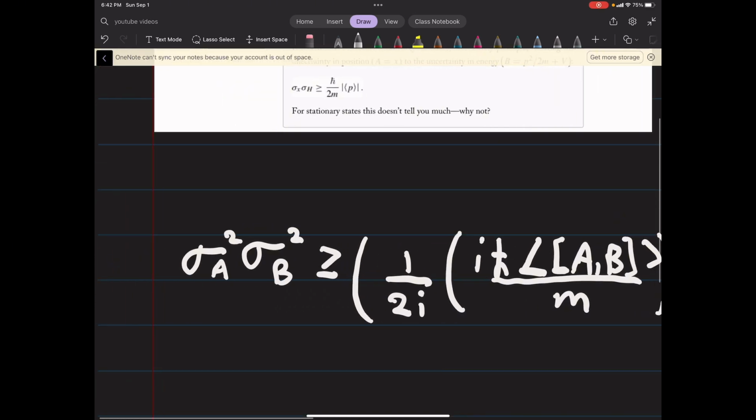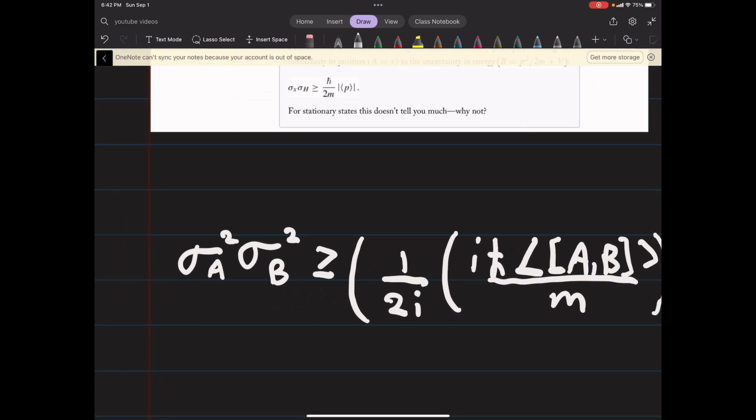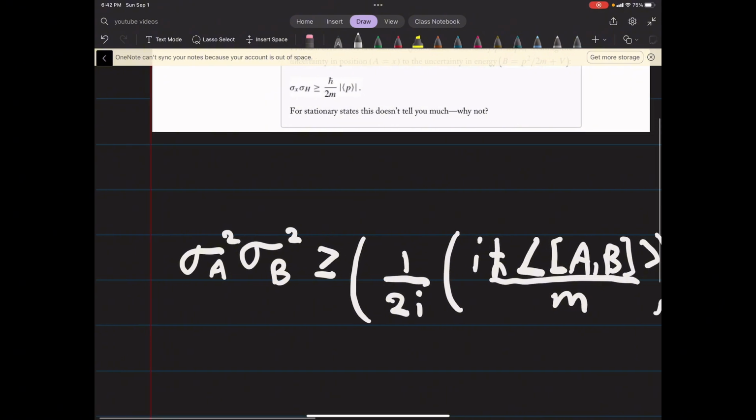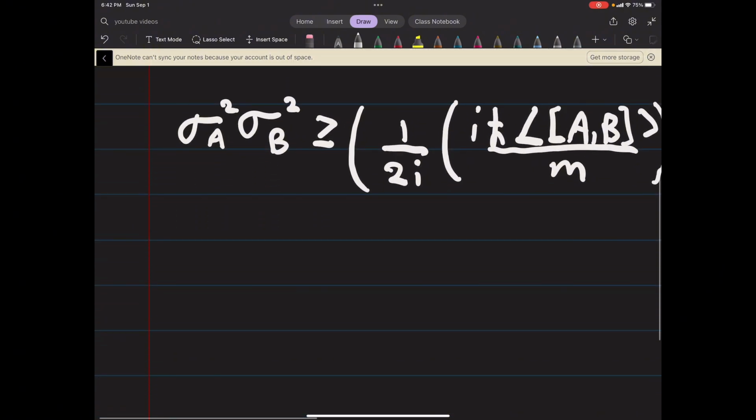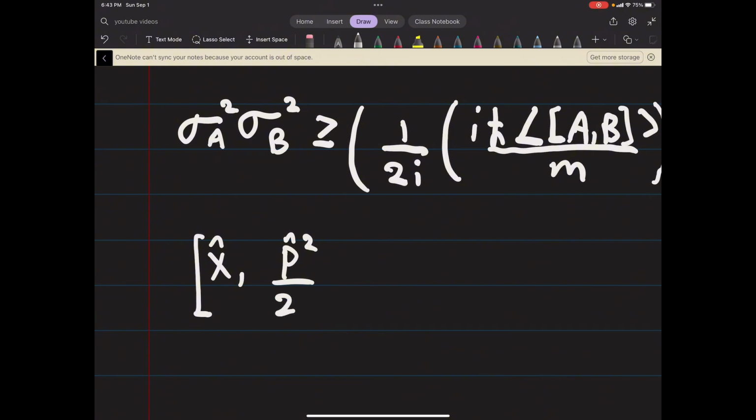The main thing we need to find to create this uncertainty relation is the commutation relation between x hat and p hat squared over 2m plus V.